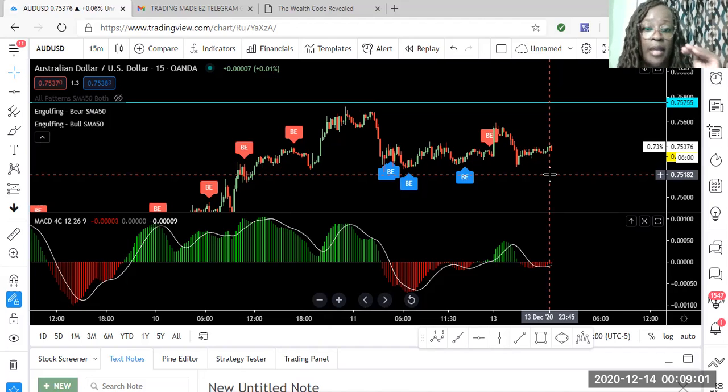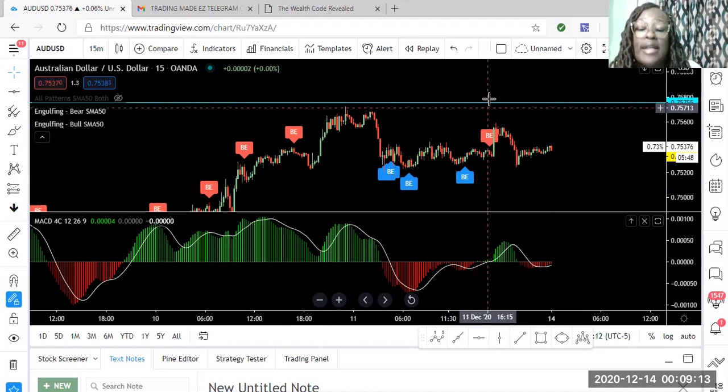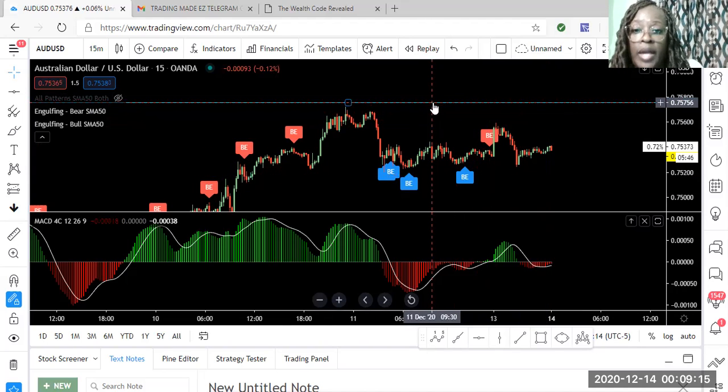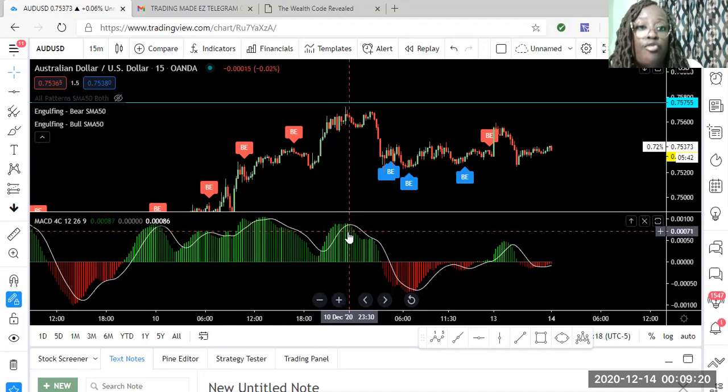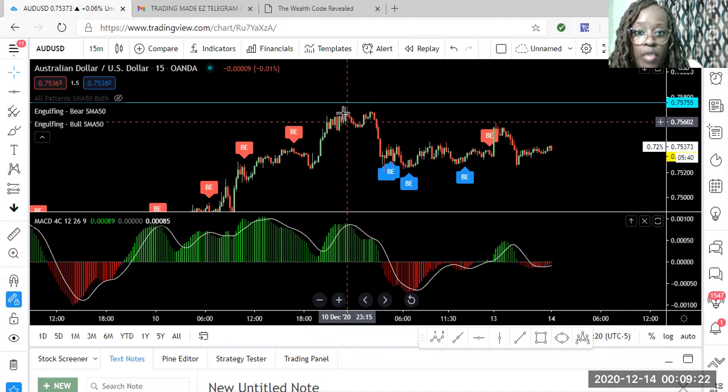Price needs to reach a supply zone or a demand zone before I can consider it. And my MACD needs to line up with that, right? Now, once price reaches this point right here, when I'm looking at my MACD, I'm waiting for my moving average line, because this is a perfect example right here.